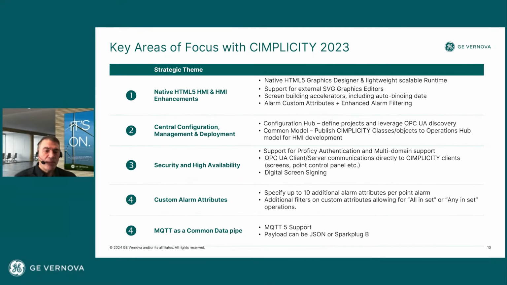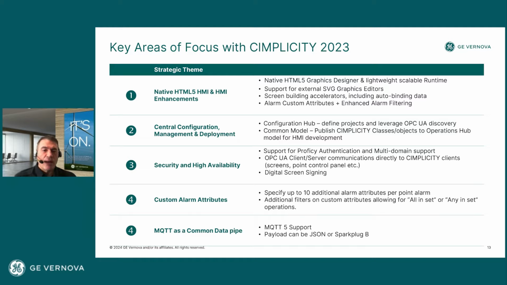We also had some themes around central configuration. We introduced the concept of Configuration Hub, where you could define projects. Also, we've got tools within our Configuration Hub, which is our central management tool, for doing things like configuring OPC-UA, discovering the devices and tags, and automating the building of the database from OPC-UA. There is also the concept of a model within our Configuration Hub environment.